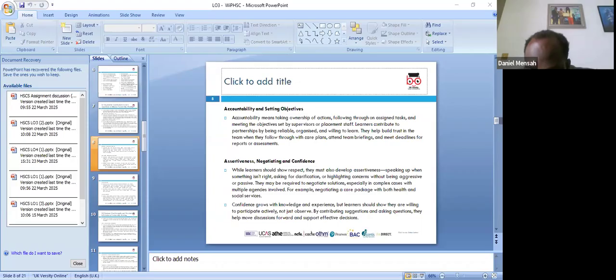But learners should show they are willing to participate actively, not just observe. By contributing suggestions and asking questions, they help move discussions forward and support effective discussions.